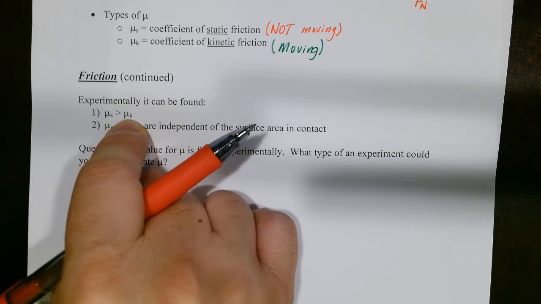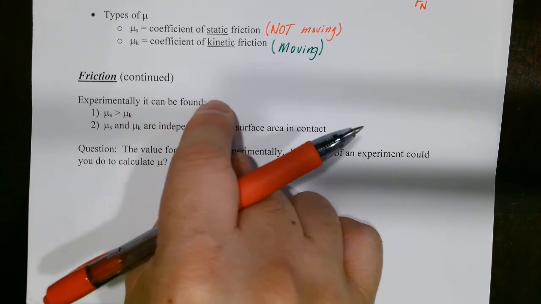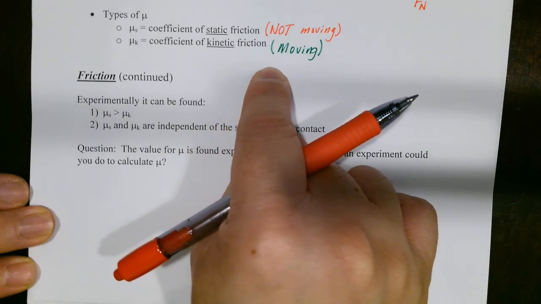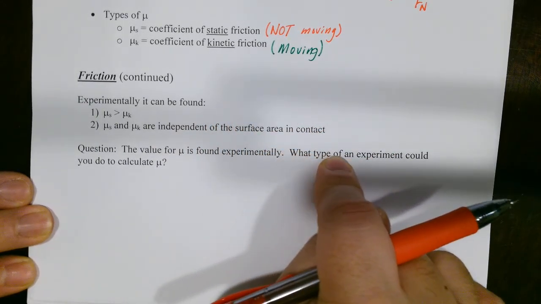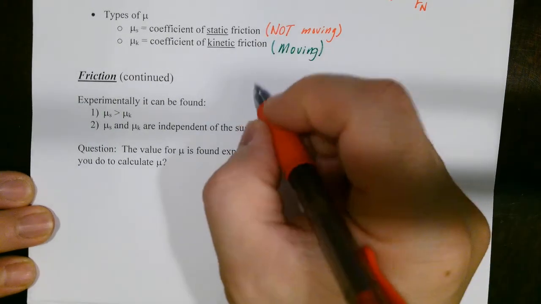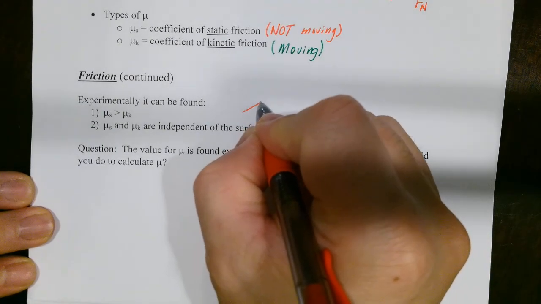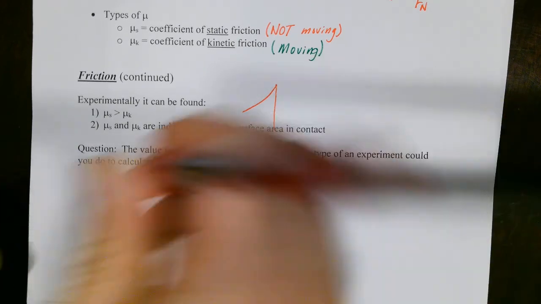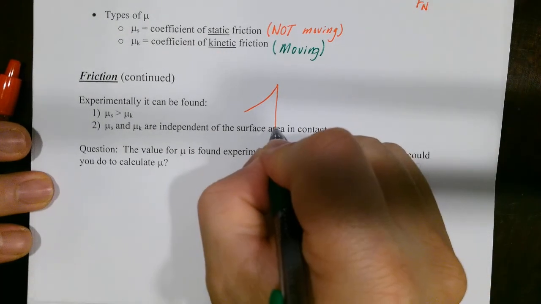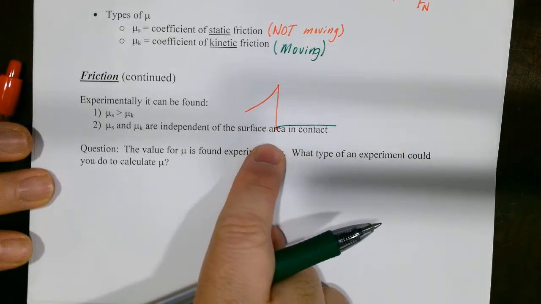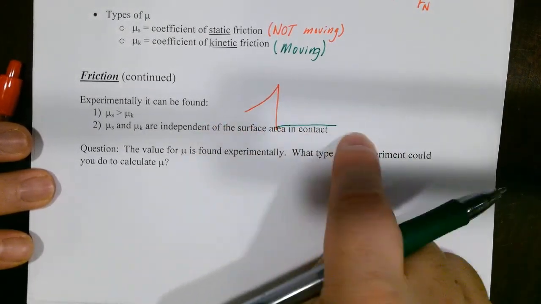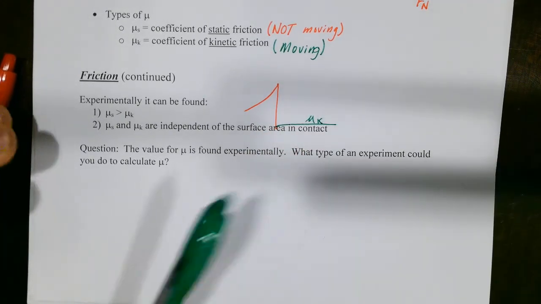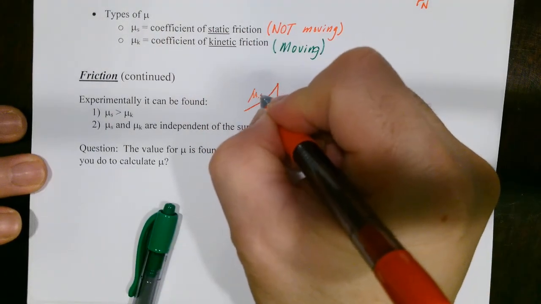Because it's probably inertia as well. So the friction goes up, up, up, and then all of a sudden, as soon as it starts to move, it drops down, and then it's easier to move. So this is the static part, and this is the kinetic part. Okay, so this is like mu sub k, and this is like mu sub s.